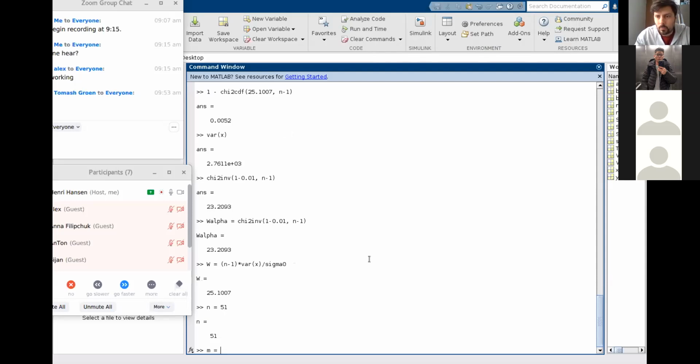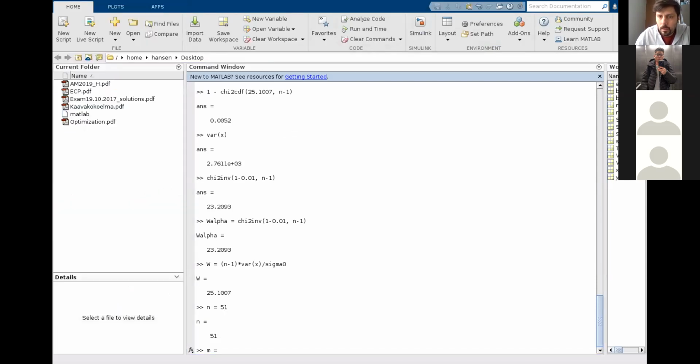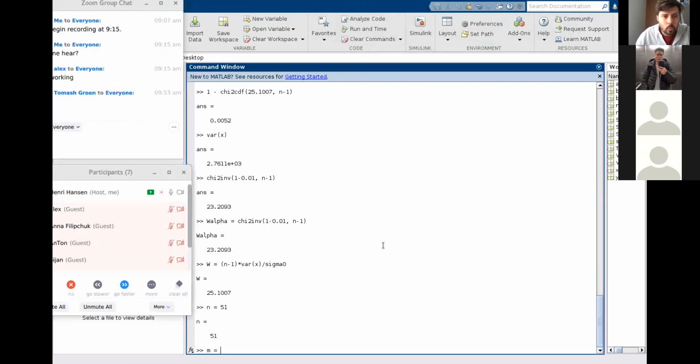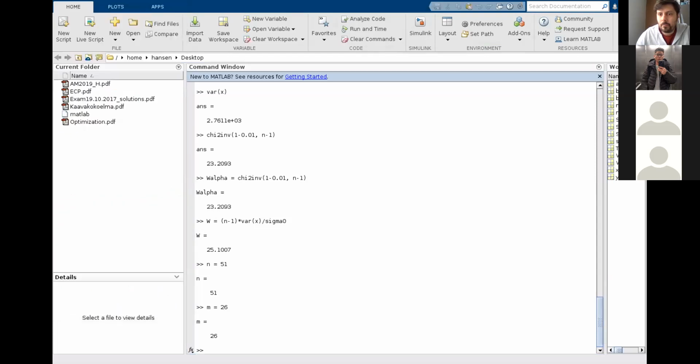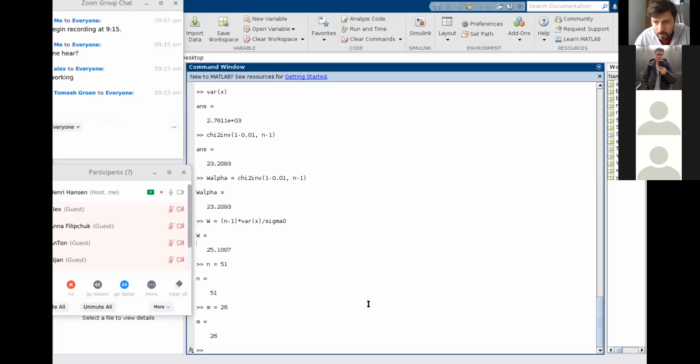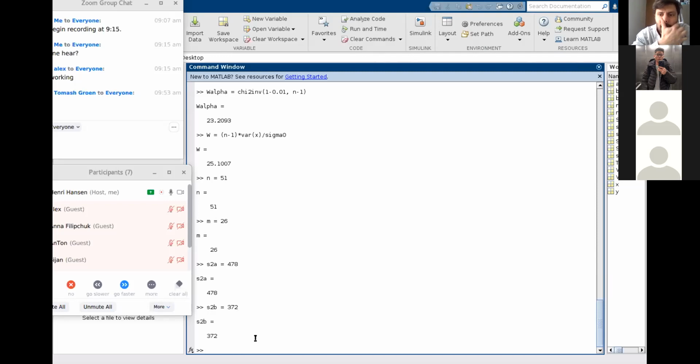We have m equal 26, right? S2A is 478, and S2B is 372, right?